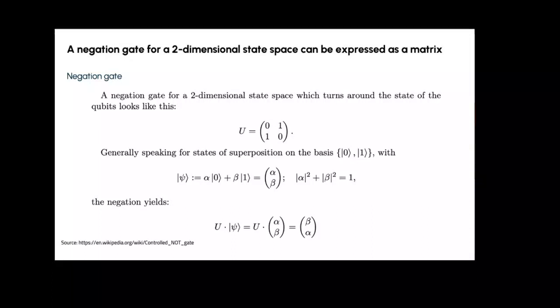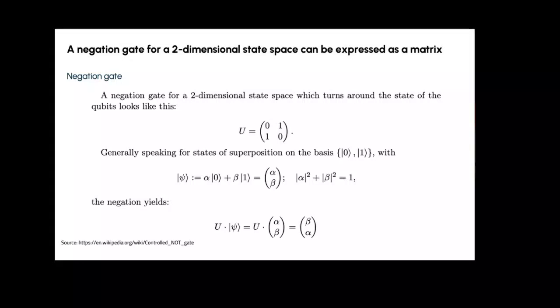And now, if I multiply this, which is now my psi, by U, where U is (0, 1; 1, 0) and psi is (alpha, beta), this is really a nice example of how to determine the new positions.